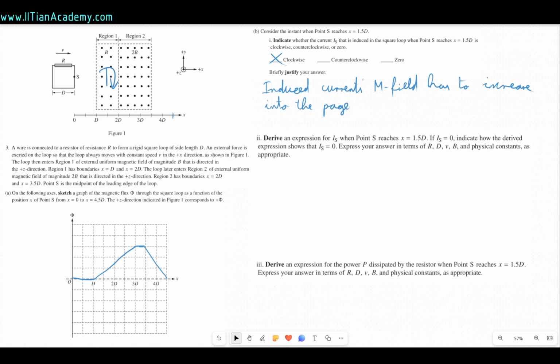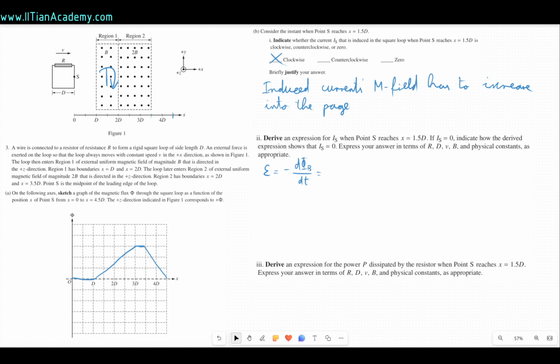And then in part 2 of this question, we need to derive an expression for this induced current in terms of R, D, V, and B. And so what we know according to Faraday's law is that the induced EMF is the negative rate of change of flux. Again, this negative sign corresponds to Lenz's law.